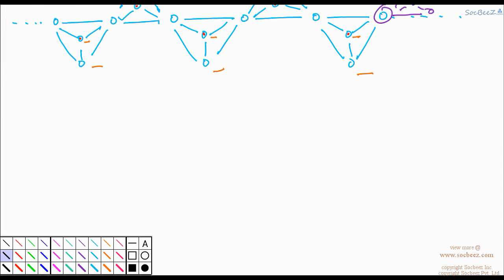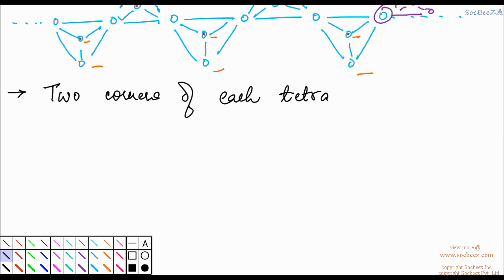Now, the feature about this simple chain is that two corners of each tetrahedron are shared. That's all.